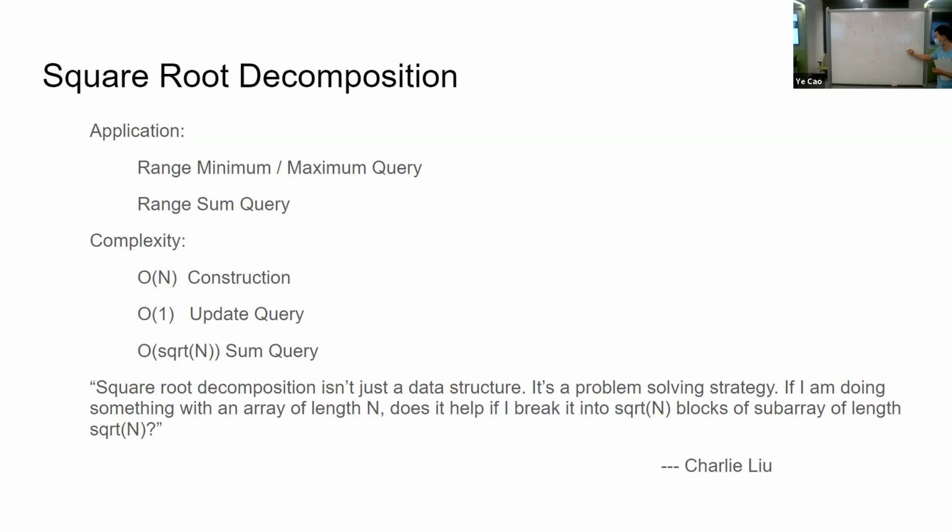Why would that be the case? Because we have only root n segments. So if we want to find the third one, we go through first, second, and third. The worst case is going through each of the segments, so the worst case would be having root n elements to sum. Yeah, just sum all of them together.